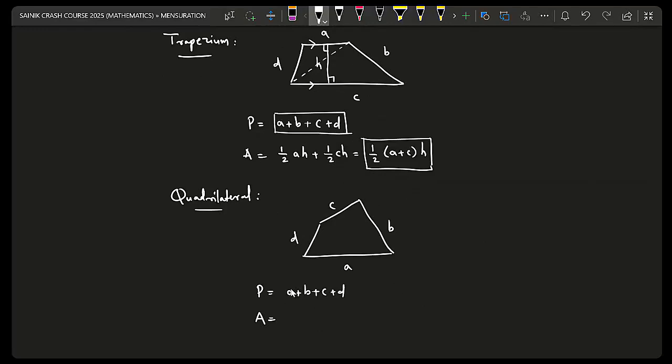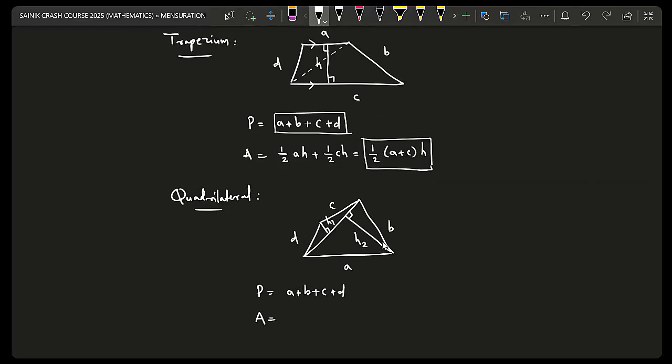Then what I do is, you take any diagonal, your wish. I'm taking this diagonal. You can even take this diagonal, no problem, you'll get the same answer. I'm taking this diagonal and let us draw the heights onto this diagonal. For example, if I draw from this vertex, let us say this is H1. If I draw from this vertex, let us say this is H2.